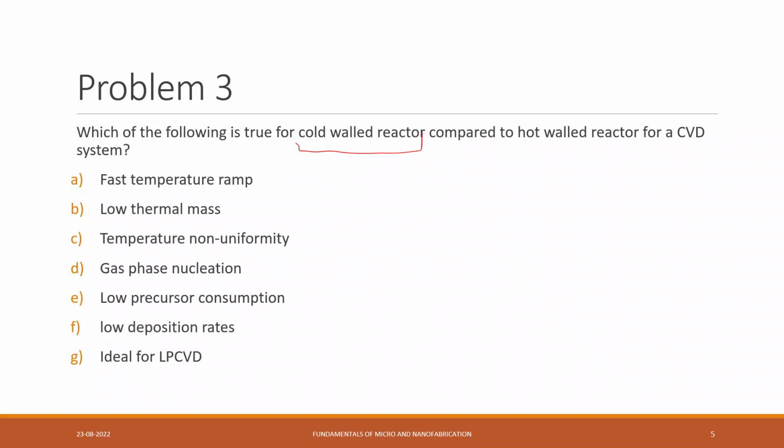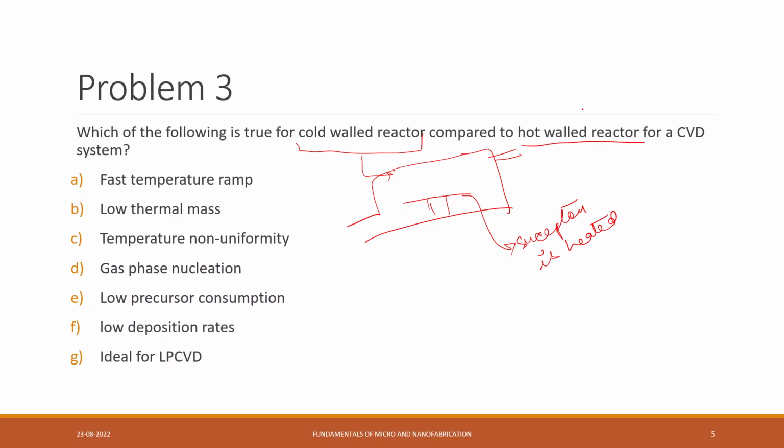With a cold wall reactor, only the receptor inside the chamber that holds the substrate is heated, while in a hot wall reactor, the whole chamber is heated.